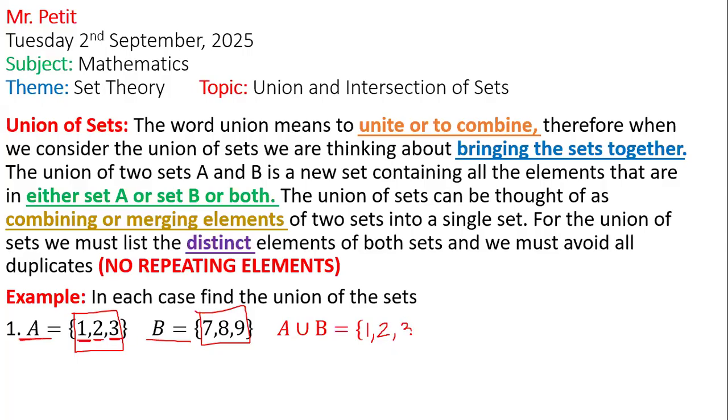And we're going to put everything in B. So what goes in the union? 7 goes in the union, 8 will be in the union, and 9 would be in the union. Then you have to close the bracket. Does that make sense? And that is the union.